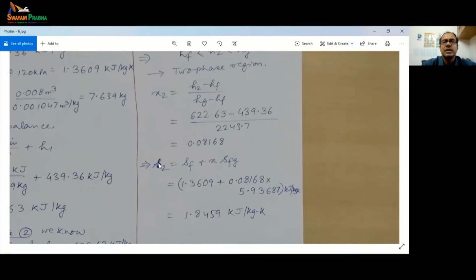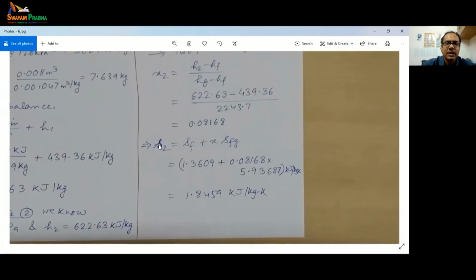So about 8% is pure vapor and the rest is pure liquid. Once we know x2, we can find the respective specific entropy in state 2. That will be s2 equal to sf plus x times sfg. If we look up these values from the table and carry out this calculation, we get 1.8459 kilojoule per kg Kelvin.